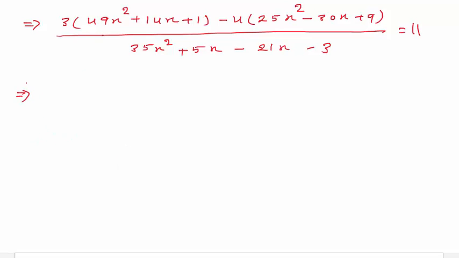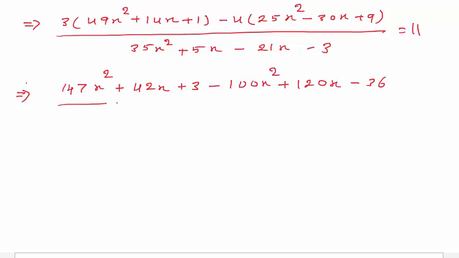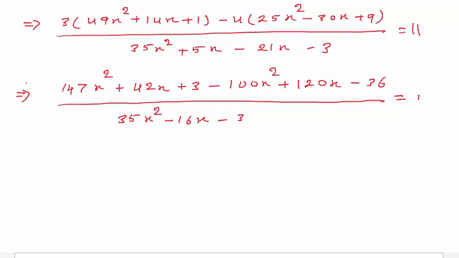If I open the bracket, 3 nines are 27, 4 threes are 12, 12 plus 2 is 14, so this is 147x square plus 14 threes are 42 times x plus 3, minus this is 100x square, this will be plus 120x, this is minus 36, whole divided by 35x square minus 16x minus 3 equal to 11.